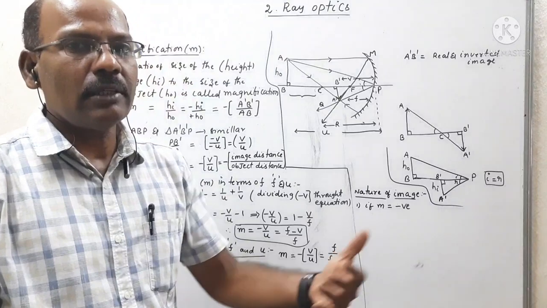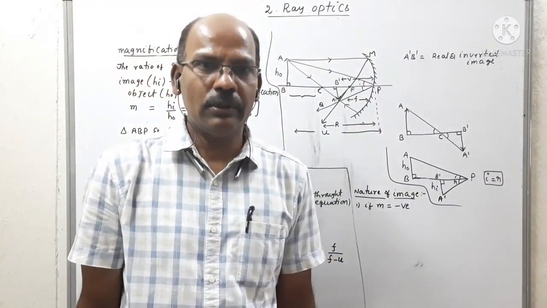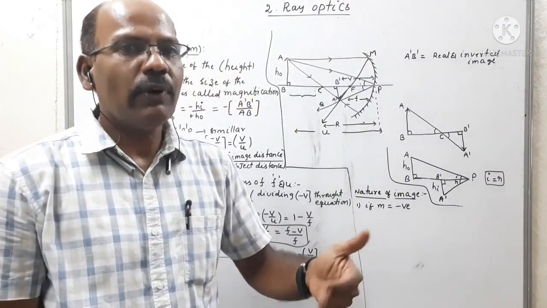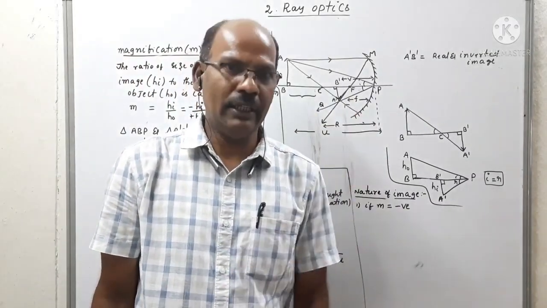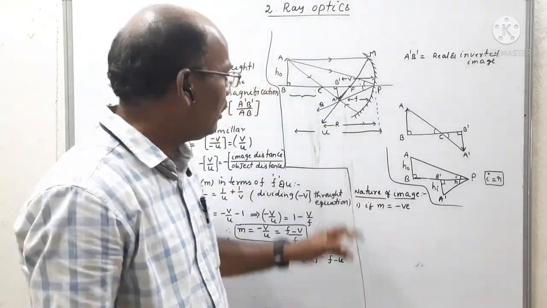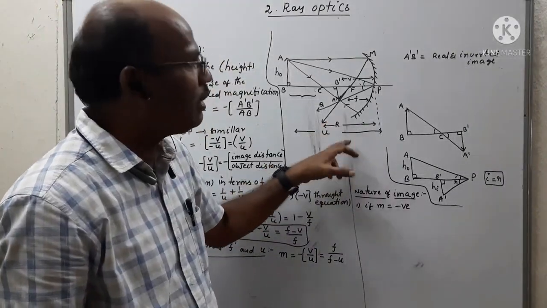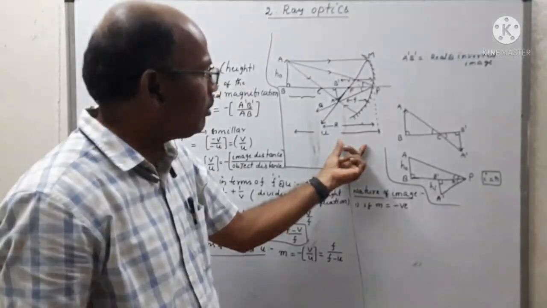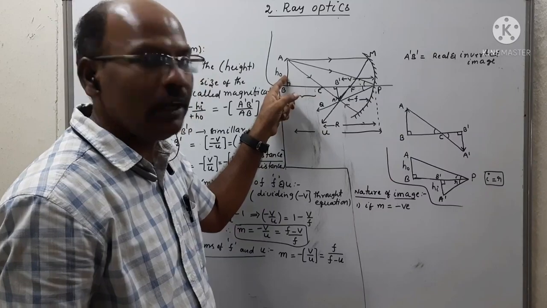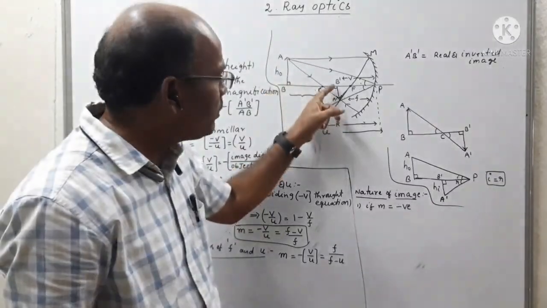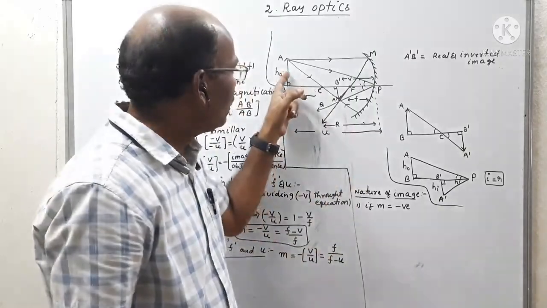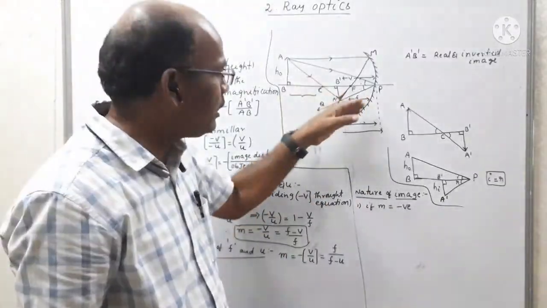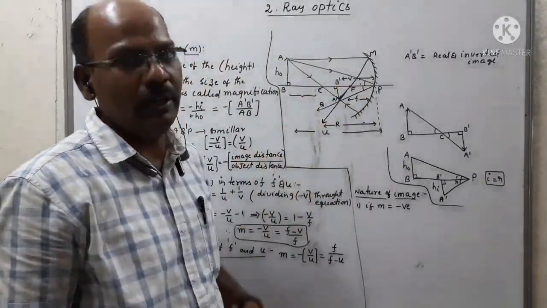If the magnification of the given mirror is negative, then the image formed by the mirror is real and inverted, which is observed in the case of concave mirror. So this is concave mirror, this is real object, and A dash B dash is the real inverted image of the real object, which lies in front of the mirror.